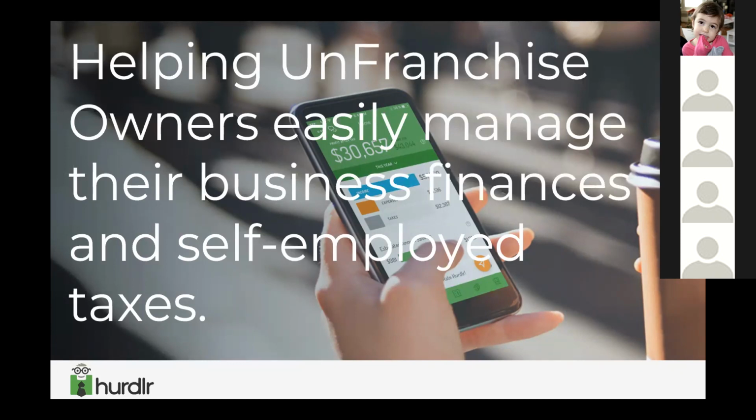So, how are you managing that? How are you keeping yourself aware of what's tax deductible, what isn't, or even just being aware of where that spending is going or that overhead is going? So Hurdlr is a simple application that's also available via desktop that helps you to do that in a simple way.